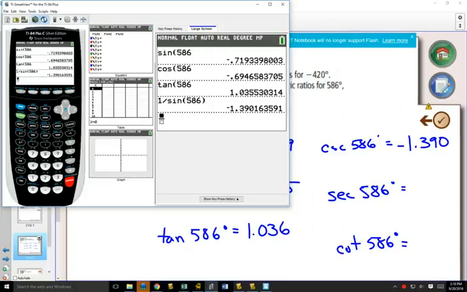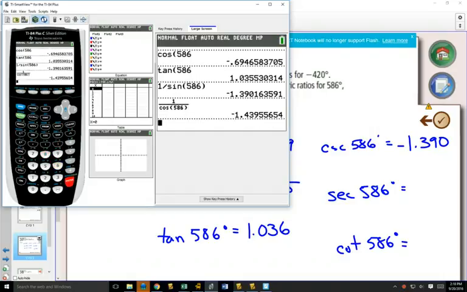If you use the fraction button, you don't have to worry about that, because you can type things, 1 on the top, cos of 586 on the bottom, and get your answer.